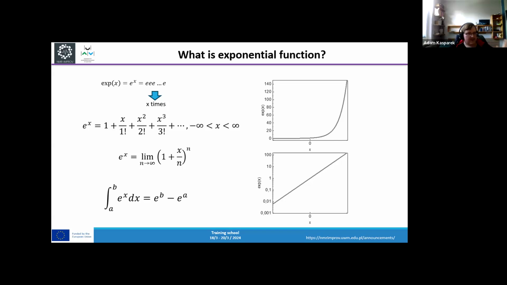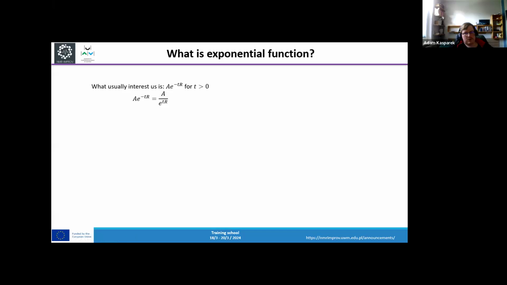I'm saying this, of course, from the point of view of mathematics. To be clear, you don't have to know this to understand NMR, but it also feels wrong not to include this in this presentation. Okay, so why do we in NMR usually need the exponential function?